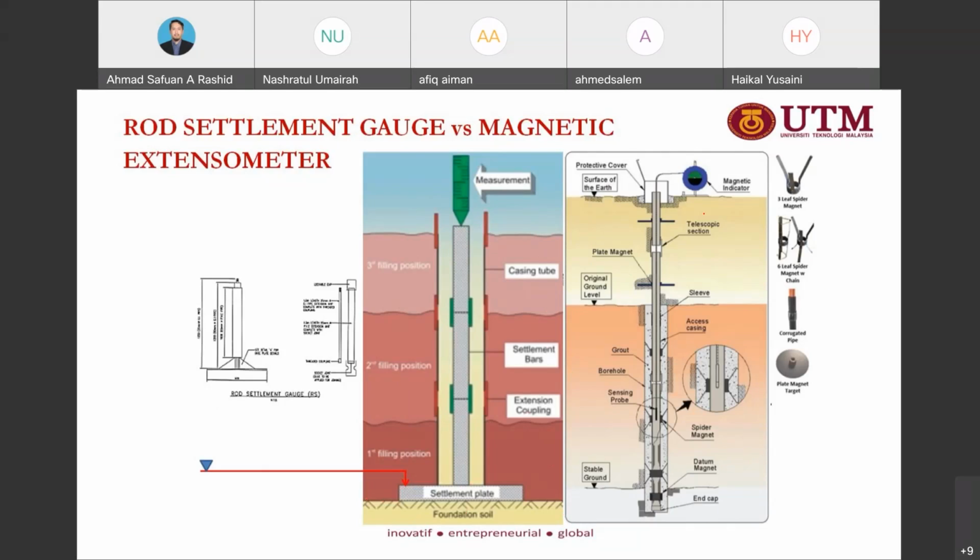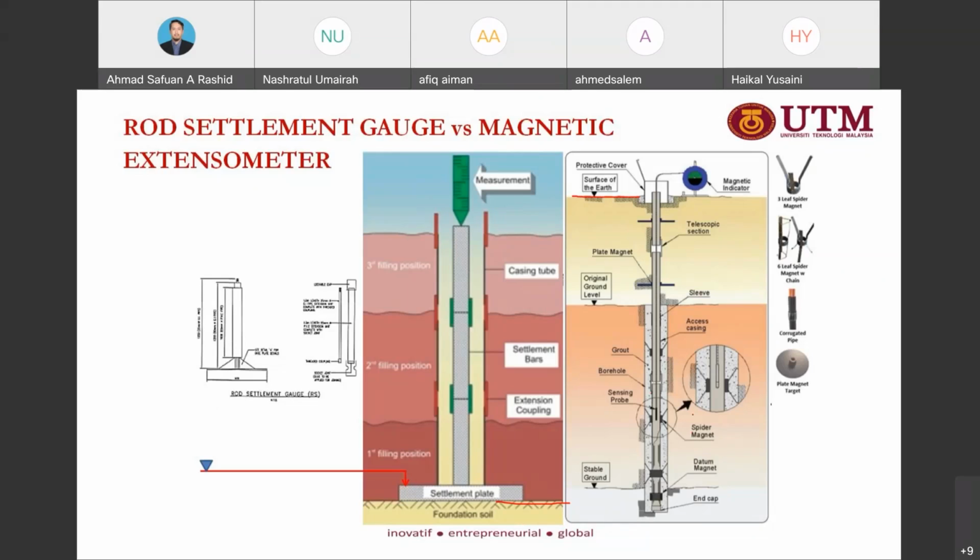While the magnetic extensometer is installed beneath the ground level. So it has two main differences: first in terms of the installation, second in terms of the value that can be obtained.